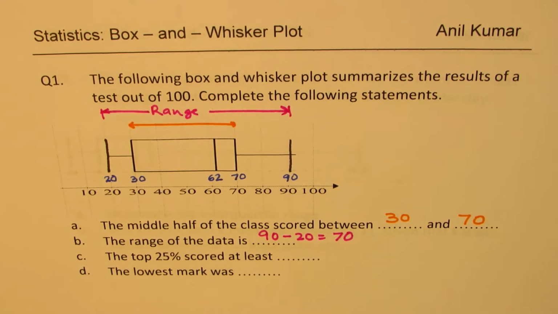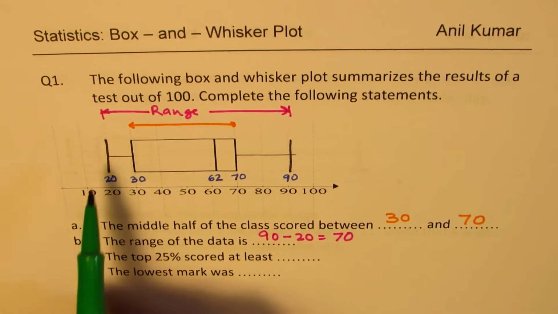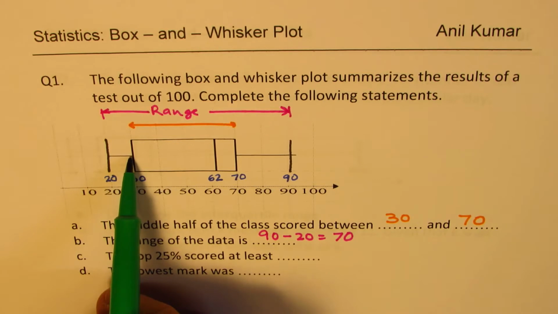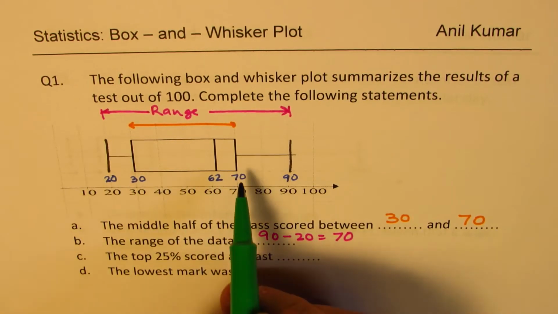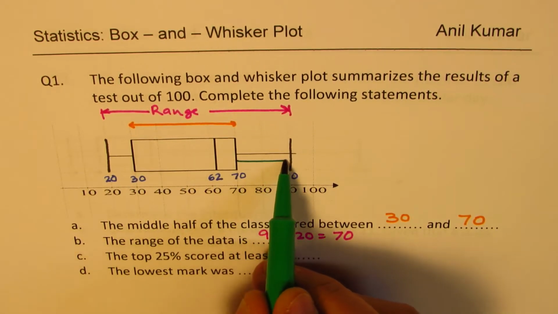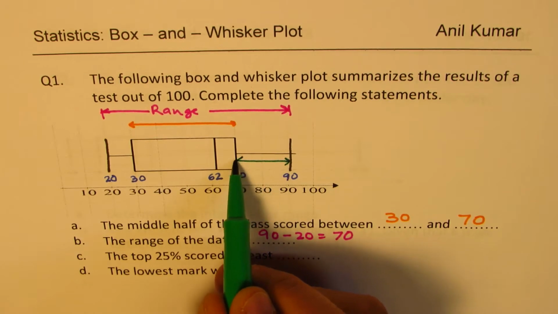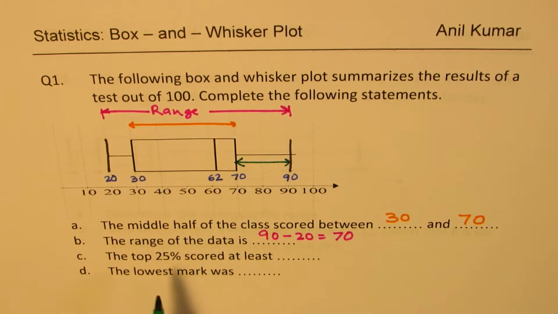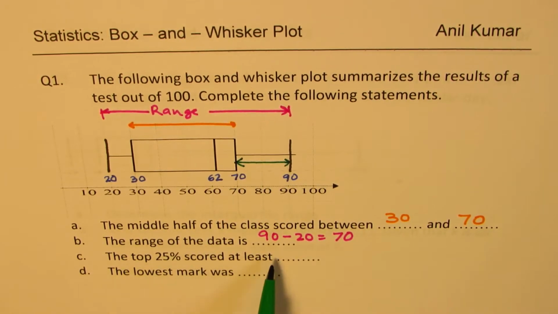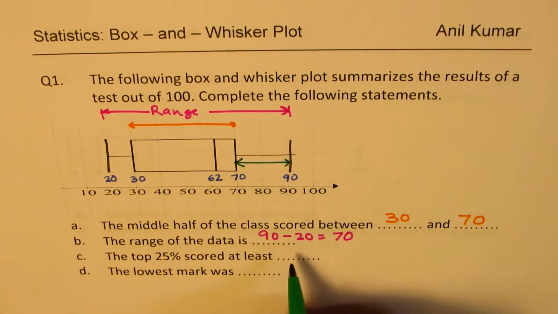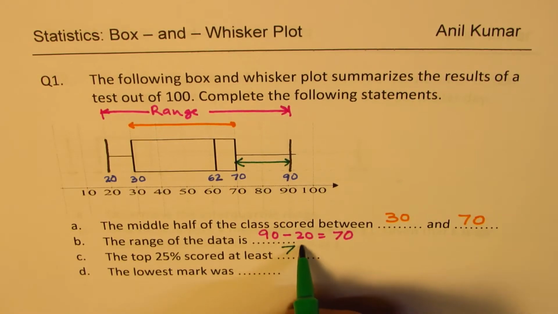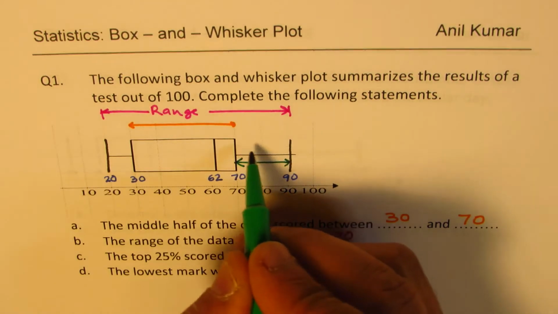Now the question here is, the top 25% scored at least what? Now this is the bottom 25, this is the middle 50%, and that is the top 25%, right? So this is your top 25%. So when they say at least what, the least mark here is 70.